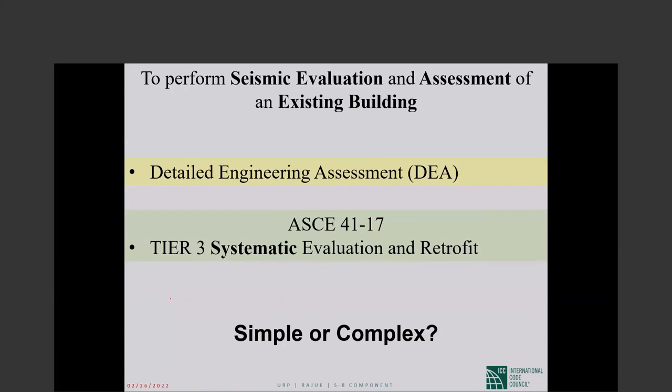But when it comes to systematic evaluation, we don't want any simplification, because simplification means overestimation. So it's very complex. We want it to be as complex as possible. We don't want it to be simple.